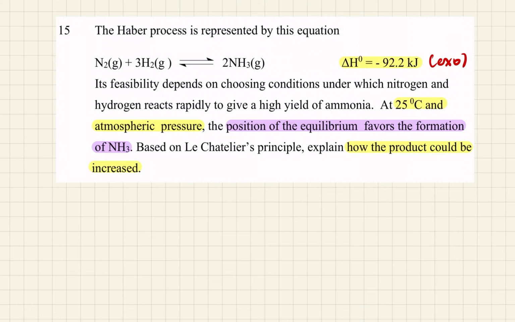So first, we need to notice that this is an exothermic reaction. That means that this forward reaction will release heat. Okay, so that means that your heat will be on the left or right side. It will be on your right side lah, because you will produce heat. Okay, so when you produce heat, kan, if we talk about temperature, okay, how are we going to produce more NH3?